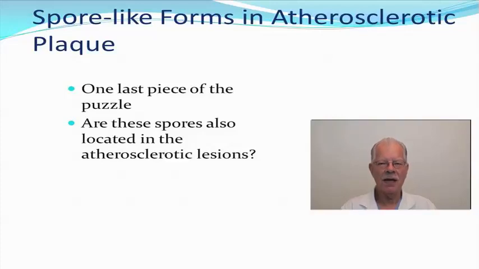And I know from my experience in oral pathology and general pathology that most pathologists look at samples at 400 power, and rarely do they ever get to 1,000 power with phase contrast. And also they didn't have electronics to put on top of the microscope to blow it up even further. So these spore-like forms probably would go unnoticed even though they were there. But we found them in every sample that we looked at in the atherosclerotic plaque.